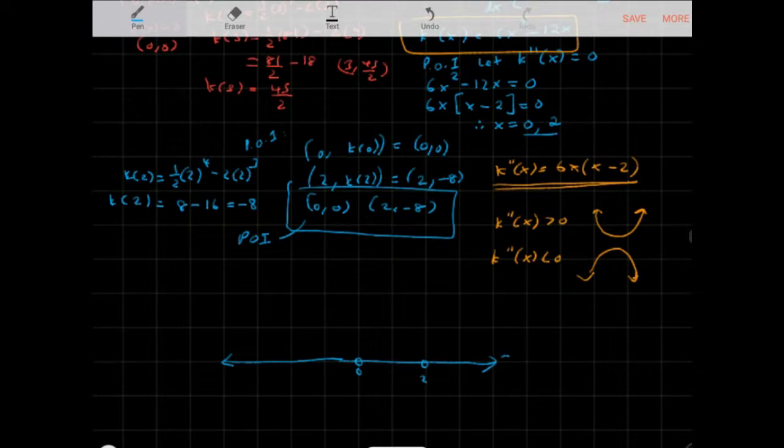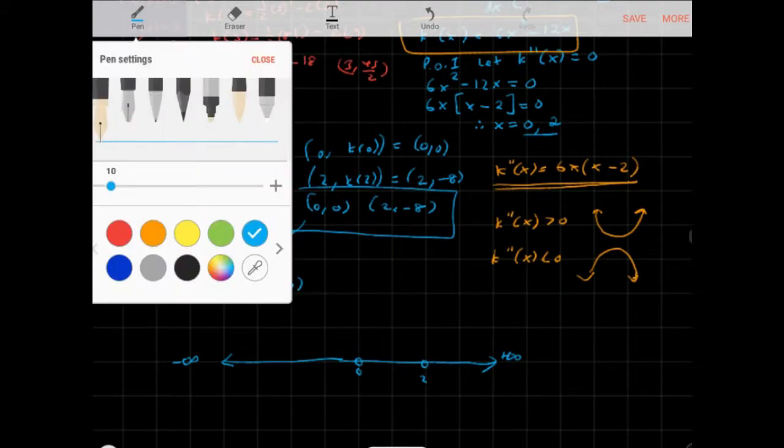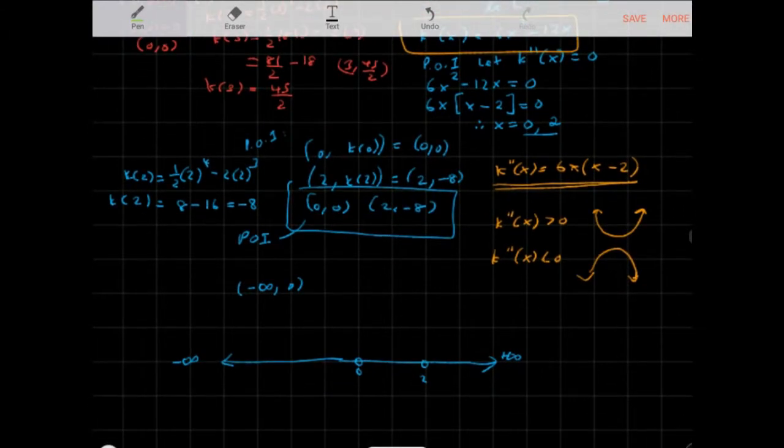I'm just going to plot the x values of the points of inflection. This is positive infinity, this is negative infinity. Between the interval of negative infinity and 0, let's say that x is equal to negative 2. So I'm going to do f double prime of negative 2.